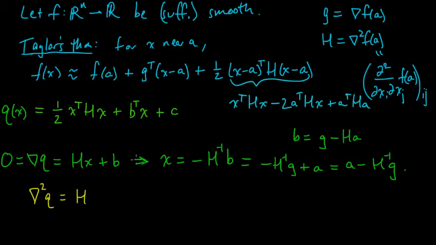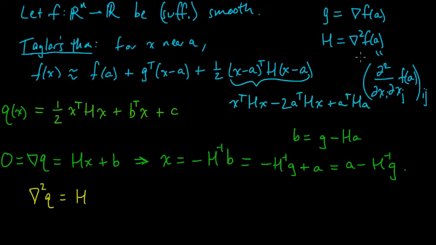You can check these vector calculus steps if you like. These are some nice shortcuts that you can use to more easily derive these formulas. So the second derivative, the Hessian of Q, is also the Hessian of F. So that's great.